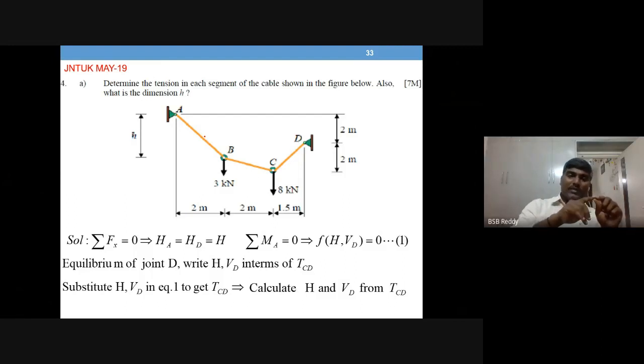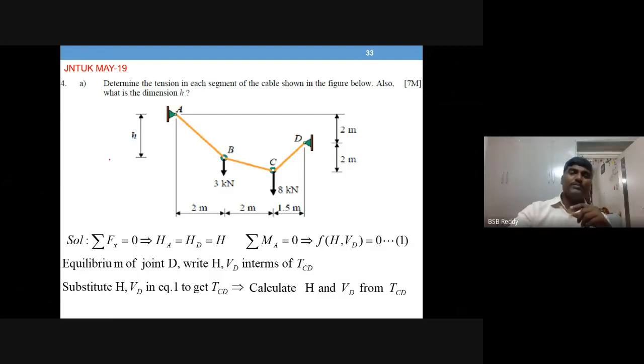That's why you will be able to solve vertical reactions without knowing H. So VA, VB you are able to solve without having the H value. Whereas here, it is impossible to solve VA, VB without the H value.